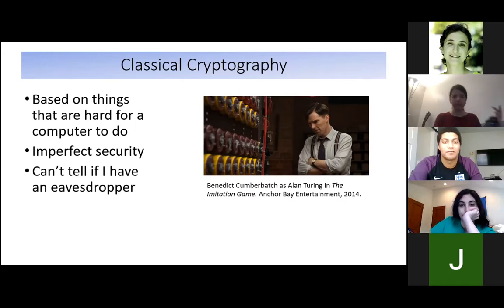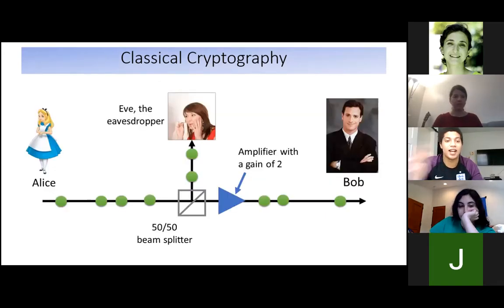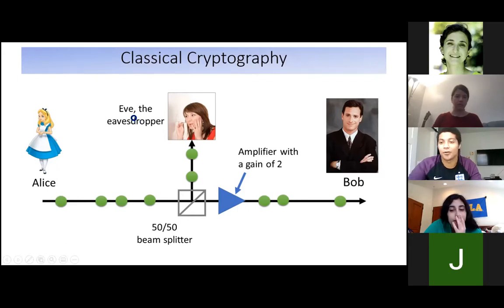But in quantum information, we usually have two parties, Alice and Bob, and they're sending information to each other. And then you have this third party, Eve, the eavesdropper. I know we're very clever with our naming.